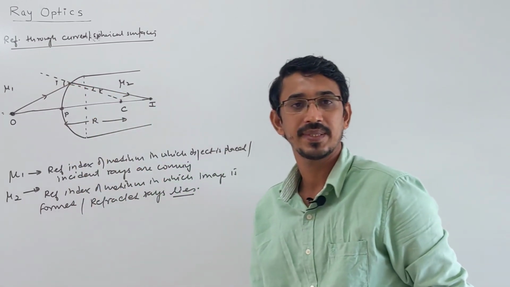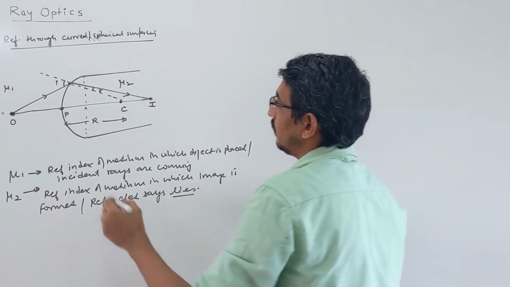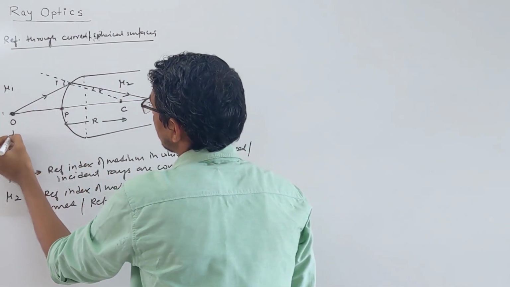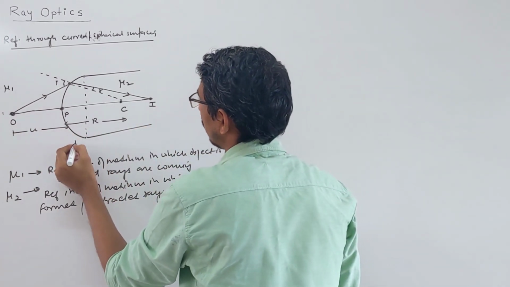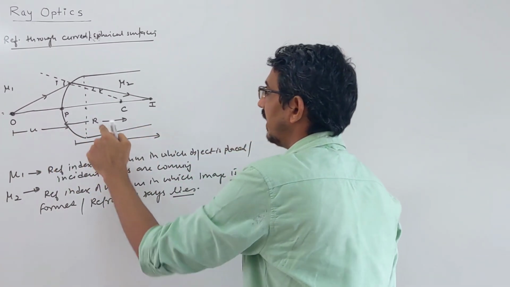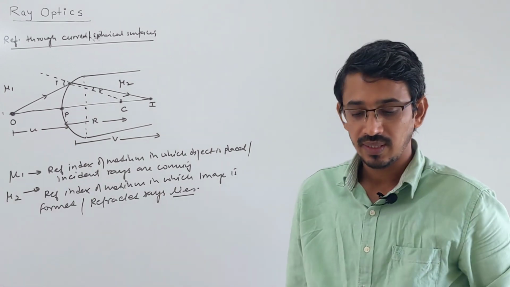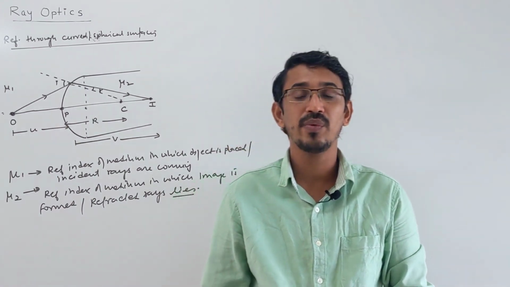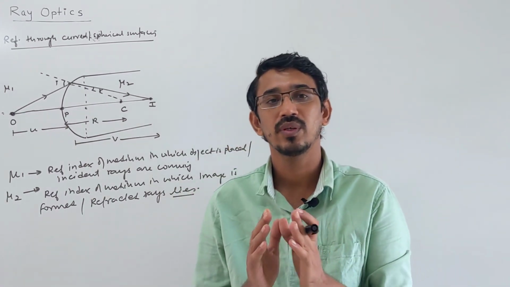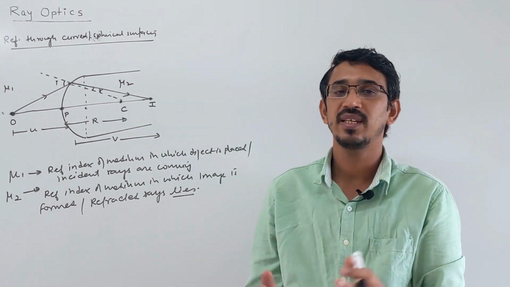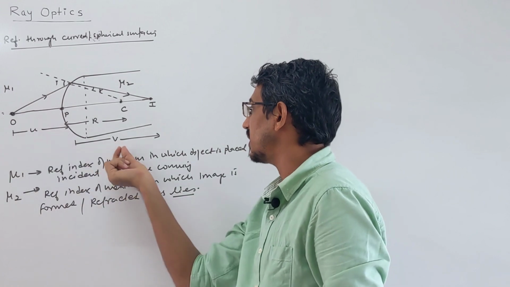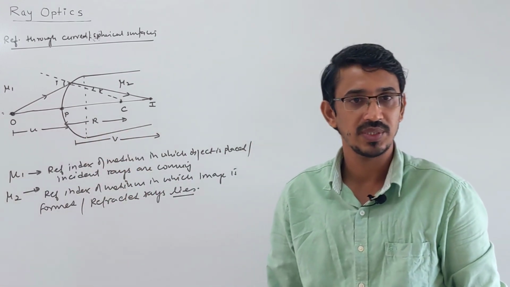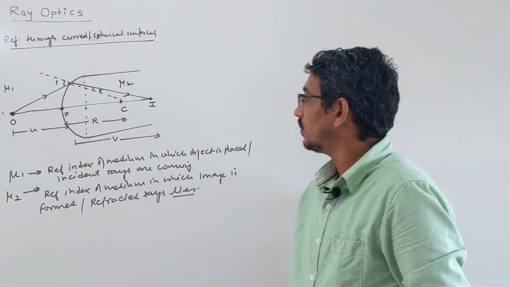Now with respect to the pole, that distance is the object distance u, and that is the image distance v, and there is the radius of curvature. Like the normal mirror formula is written in terms of focal length, object distance and image distance, here we will write the formula in terms of object distance, image distance and the radius of curvature. So what is the relation?